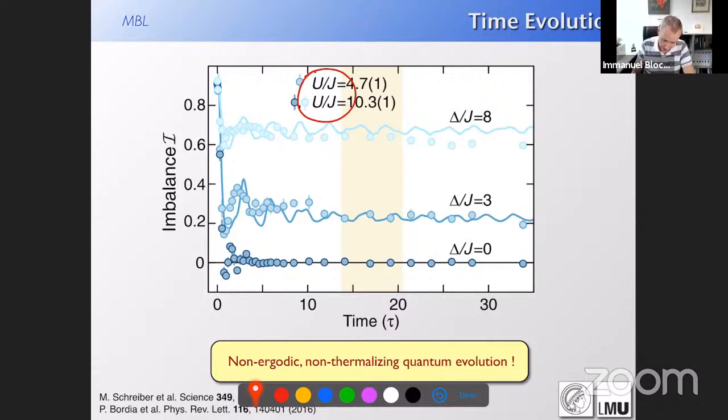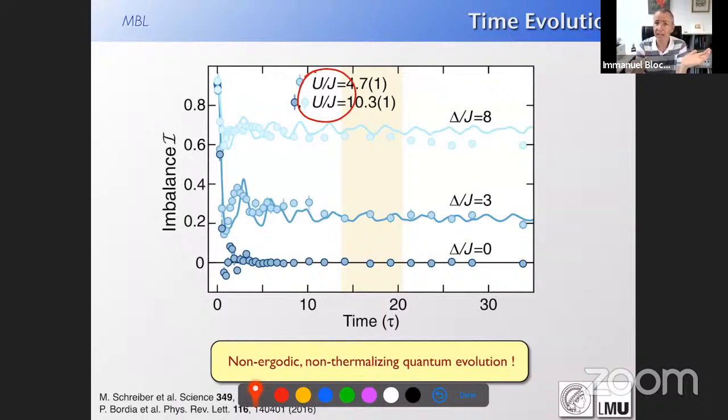But now if you go to delta over J3 or delta over J8, you can see that even for long evolution times, now we come back to the point I made initially, up to, let's say here, 30 tau or 50 tau that we looked at in these first experiments, the imbalance has a non-zero value. And that is incompatible with a thermal state.